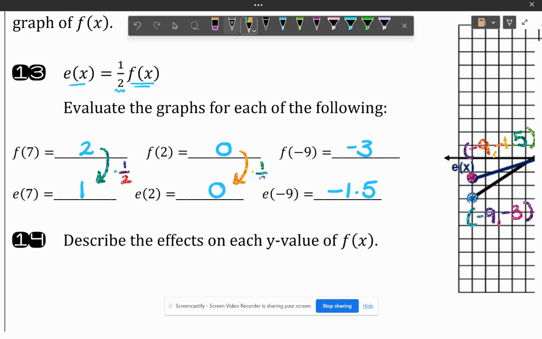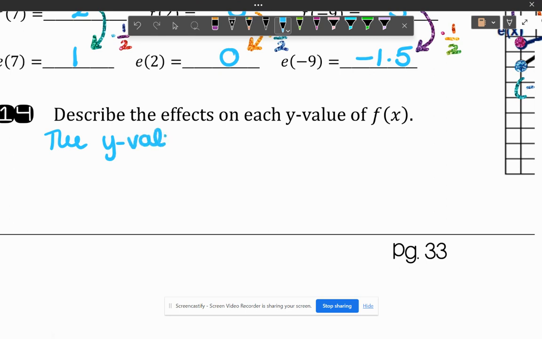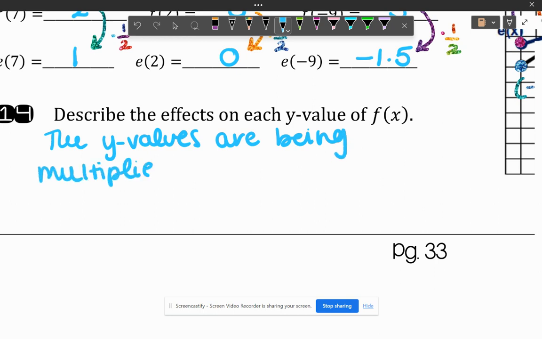So when we describe the effects on each y value of f of x, the y values are being multiplied by 1/2, and that's what's causing a vertical compression.